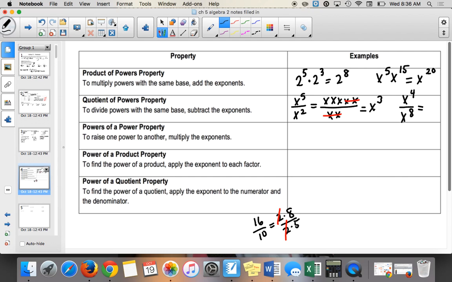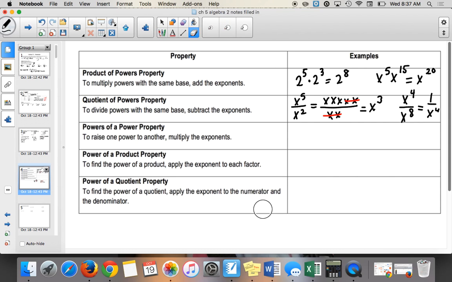If you have 4 x's on top and 8 on the bottom, then we can reduce out 4 on the top and 4 on the bottom. And when we reduce a fraction like that, what's left on the top? 1, right? So this ends up being 1 over x to the 4th. Does that make sense? So that's how we're going to be doing that. Think of it in expanded form and then reduce out. We don't have to write it out every single time.